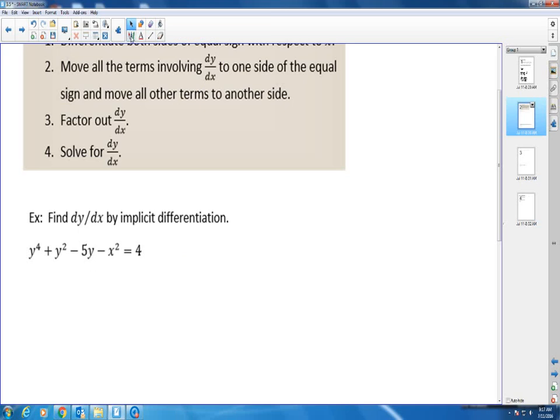Alright, so using the sum and difference rule, the derivative of y to the 4 with respect to x will give me 4y to the third, the derivative of the outside of the inside times the derivative of the inside, which is dy dx.